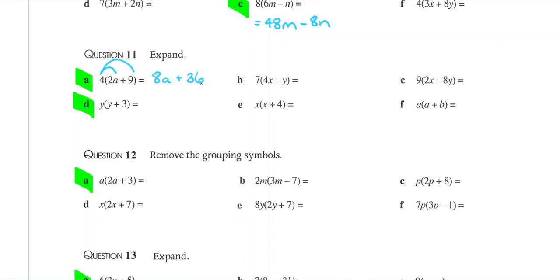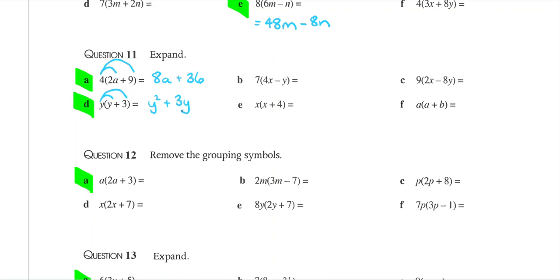36. How about I give you a head start, see if you can do D. That's it for A. See if you can do this one. Do that times that. Plus that times that makes 3y.